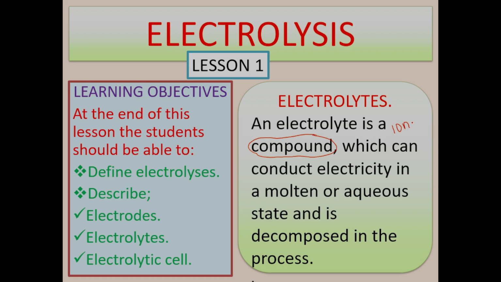That is, they are ionic compounds, electrovalent compounds. And as a flashback, let's look at the properties of these compounds. They are soluble in water, that is, they dissolve in water to produce ions.